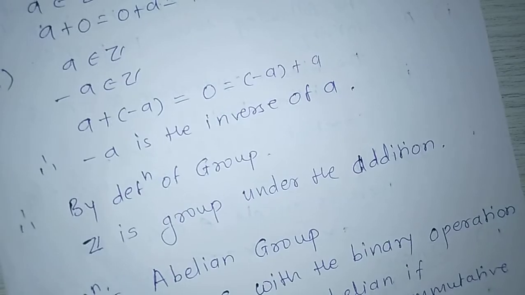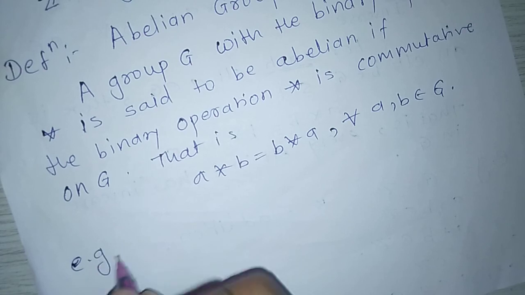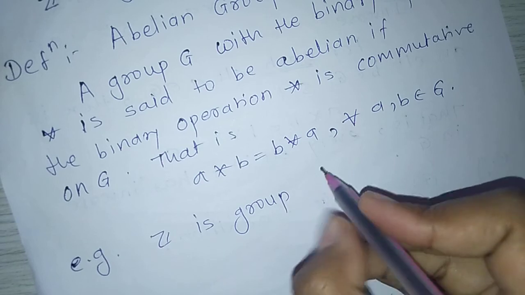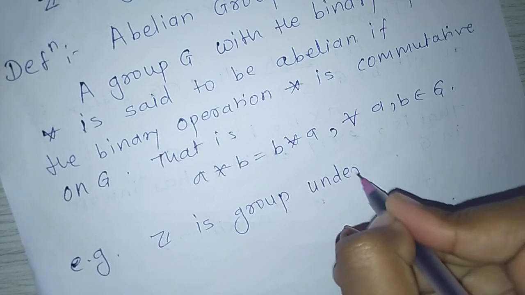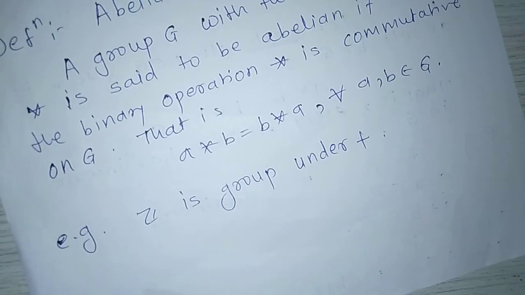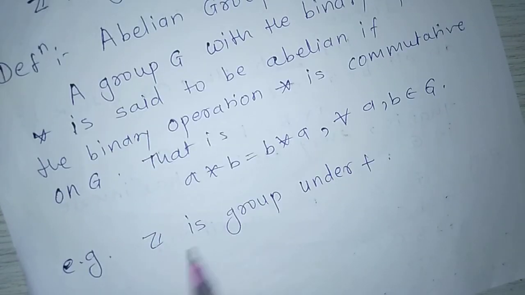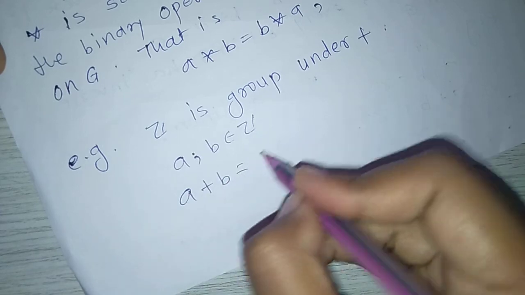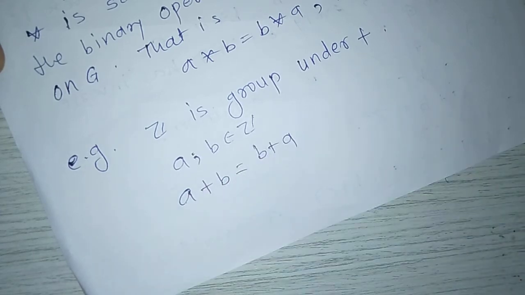Here we have seen Z is group under the addition. Now, only here we show that addition is commutative or not on Z. Let A, B belongs to Z, then A plus B equal to B plus A, because 2 plus 3 equal to 3 plus 2, which is equal to 5.